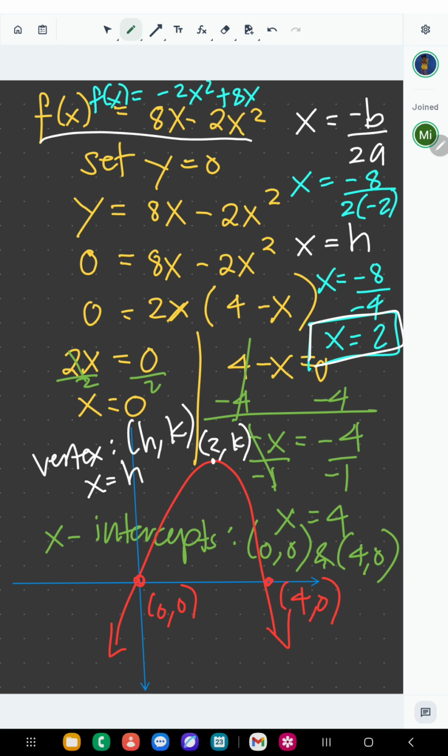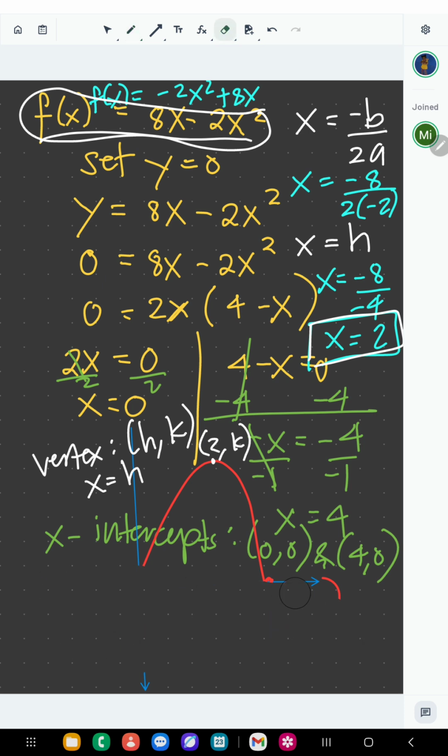We don't know k, so we need to solve for k. To solve for k, we can substitute the x coordinate of the vertex into the original function. So f of x, or y, equals 8x minus 2x squared. Let me write that here.